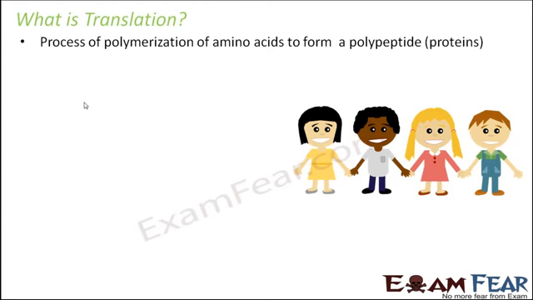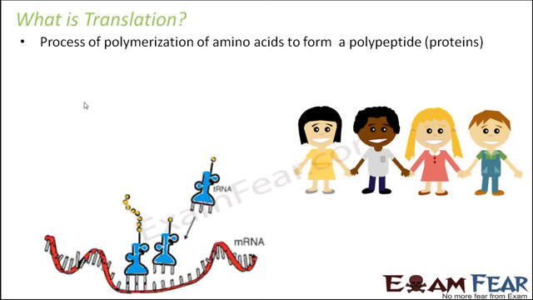Similarly, when each amino acid is passed on by the tRNA, the amino acids need to be linked together with the help of a bond, and that bond is the peptide bond.